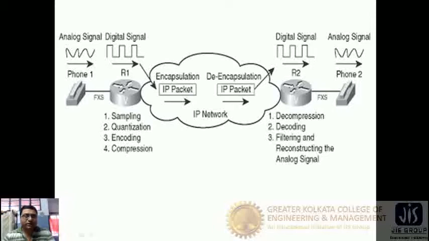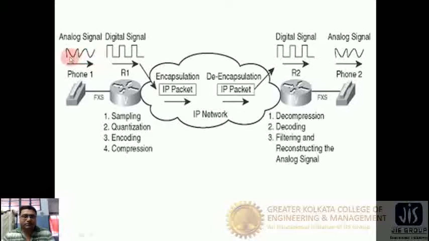That means if we convert the voice with the help of a microphone, we get an electrical signal continuously changing in amplitude. If we speak in front of a microphone and analyze the electrical signal, we'll get something like this, a continuously varying analog signal.